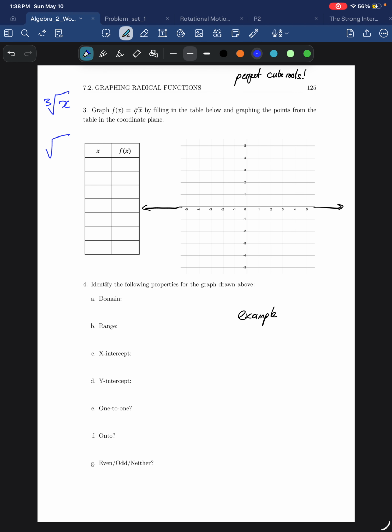So if I have 25, what number can I multiply by itself twice to get that number?